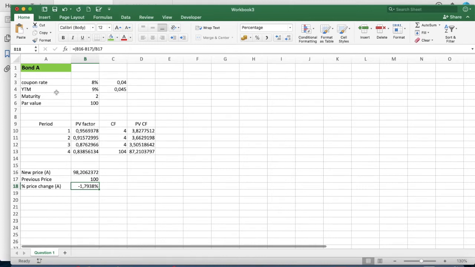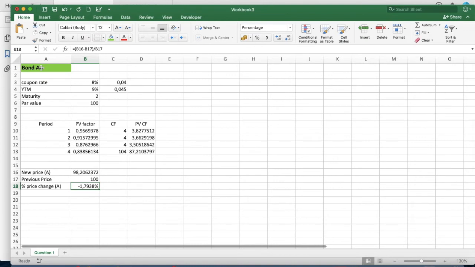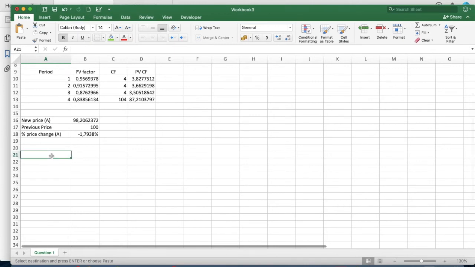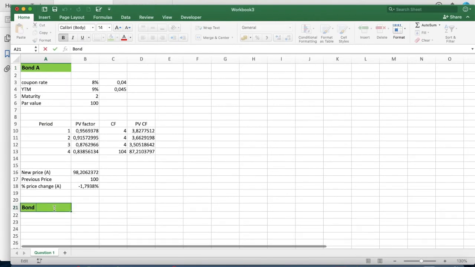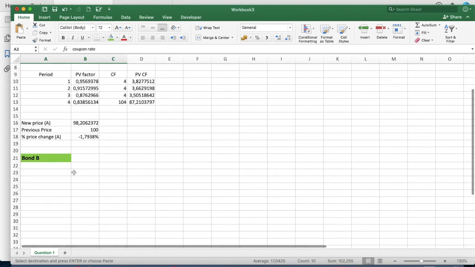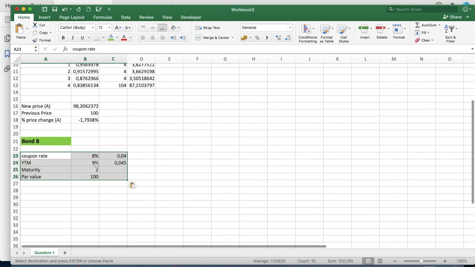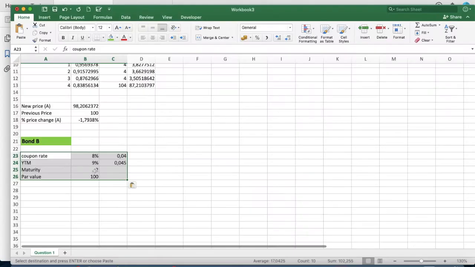Now we repeat the same thing for bond B. So for bond B we have the coupon rate of, I think, 9%, right?